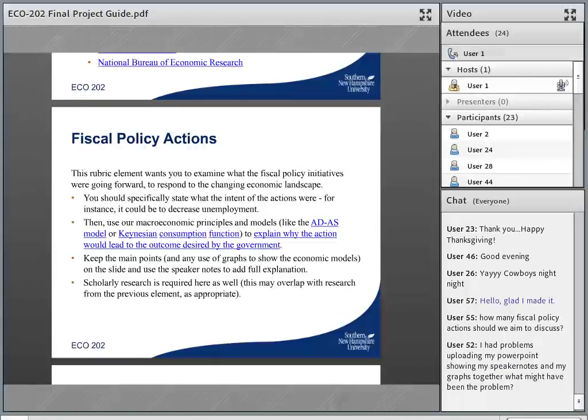So Katie asks, how many fiscal policy actions should we aim to discuss? Unfortunately, it's difficult for me to give you a number. This is going to sound like a throwaway answer, but you should definitely cover the main ones. And you should definitely cover the entire time period.